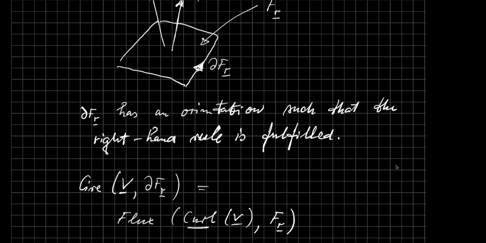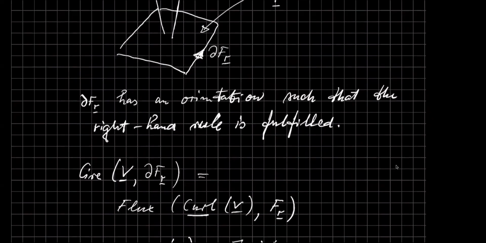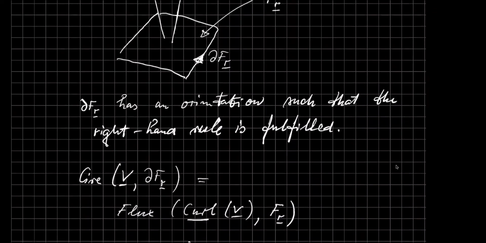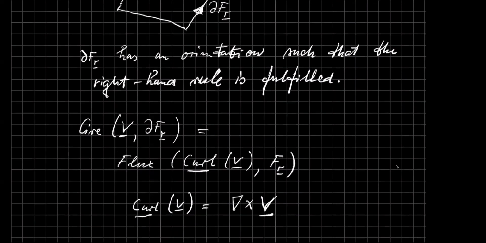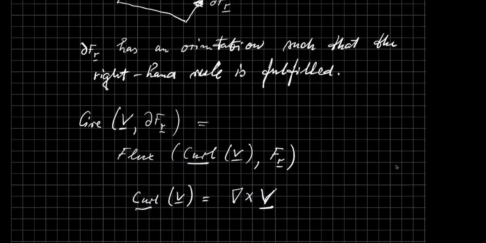What you should remember, though, is that this works for any surface that has df as the boundary. So it's not unique in the sense that you have a given f.